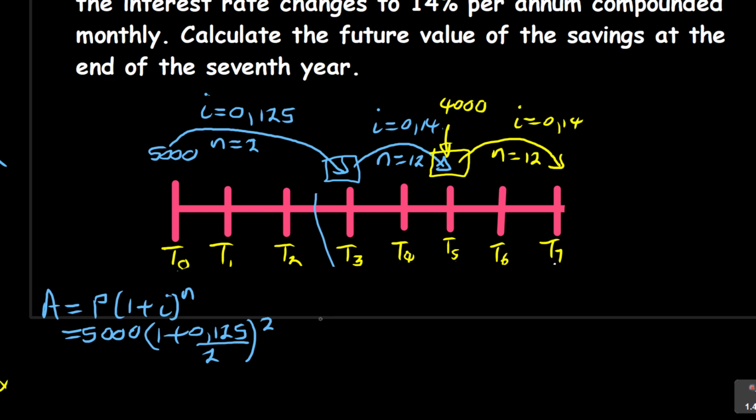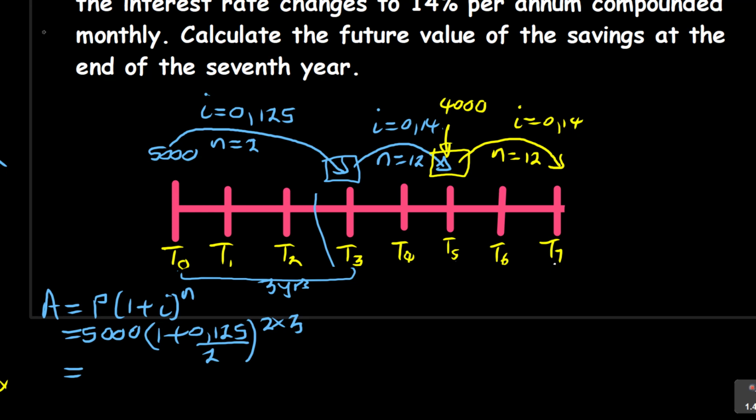You put that 2 again as an exponent. Then you multiply by the years: from this to this, it's 3 years. So you multiply by 3. Then I'm going to find the answer here.